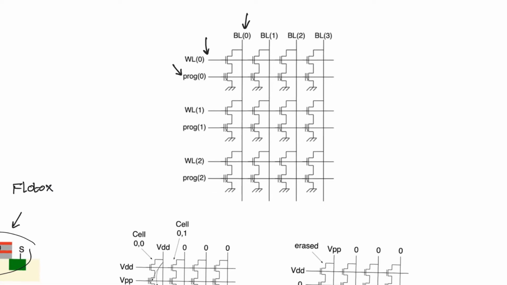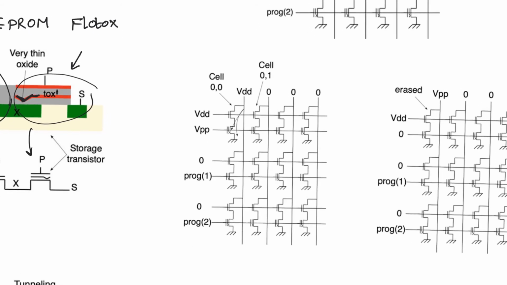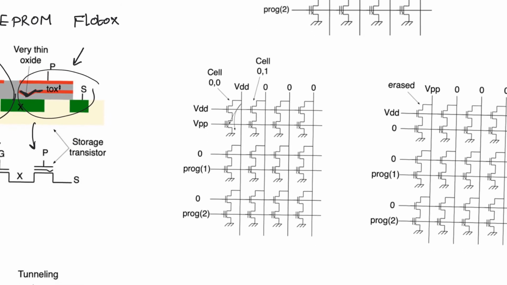So let's consider how we program a specific cell. So here in this diagram, we are programming cell 0,0. So if you look at cell 0,0, we have activated word line 0 and deactivated all the other word lines.